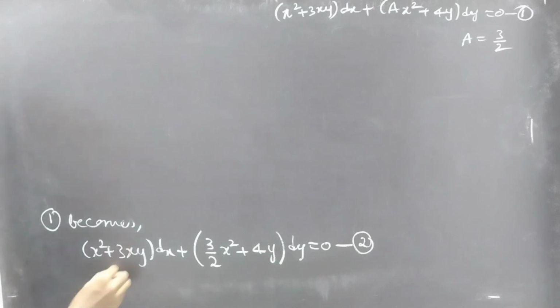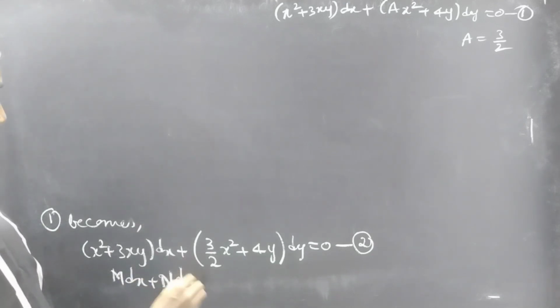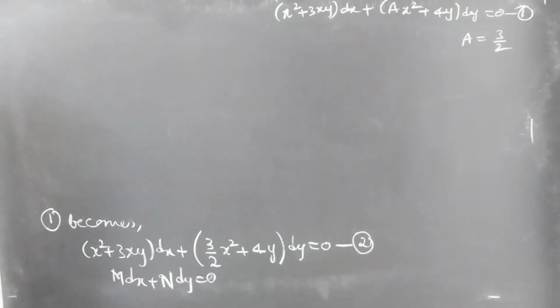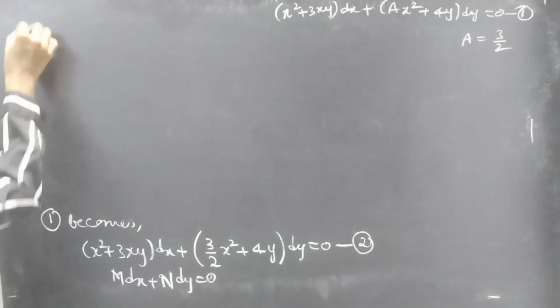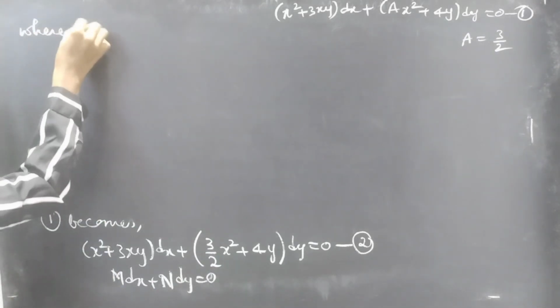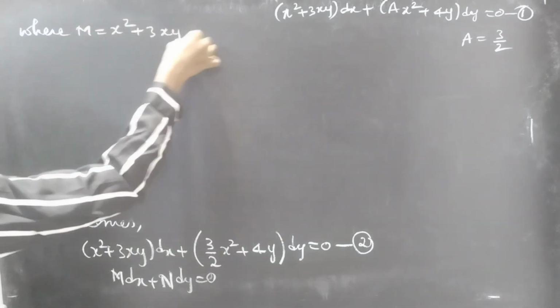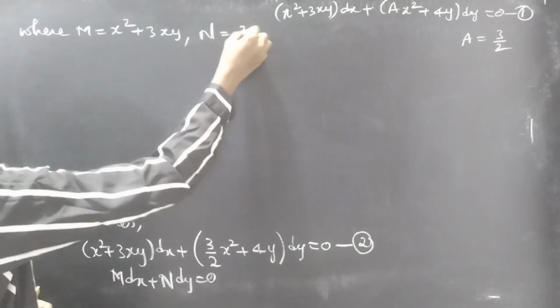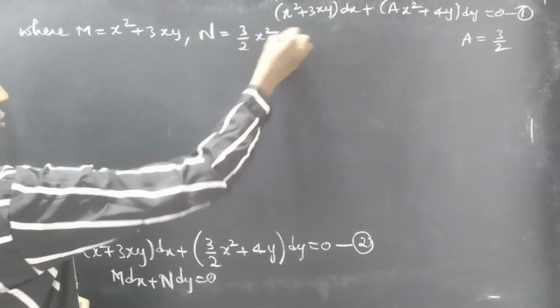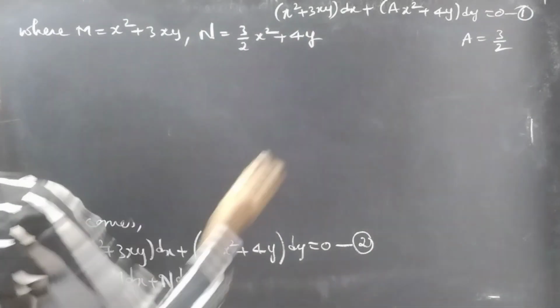This is also of the form Mdx plus Ndy equal to 0, right? Where M is x square plus 3xy and N is 3 by 2 x square plus 4y.